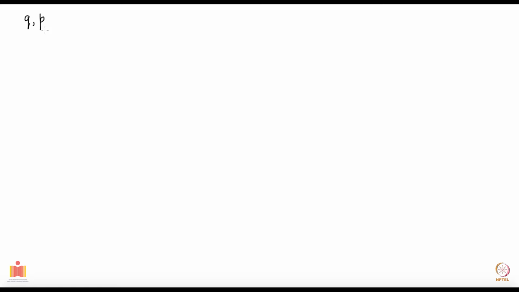Okay, now this small p, this small p is a function which we generally denote by p again, but for ease of notation or understanding, I will write some function f, and this function f will be a function of Q and P. Okay, that I can do. Now this capital P you can again write as a function of small q and small p. Okay, some function which I will still write as capital P.